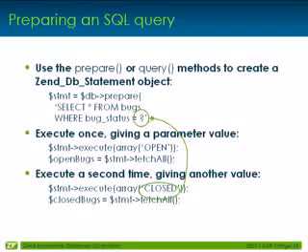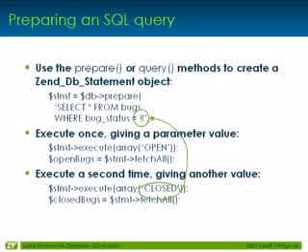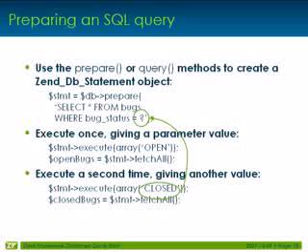I can also execute the same statement object a second time, or a third time, or multiple times, using different values, and they get substituted in for the parameter placeholder. Note that when using parameter placeholders, we're really not substituting the value into the string form of the SQL statement.